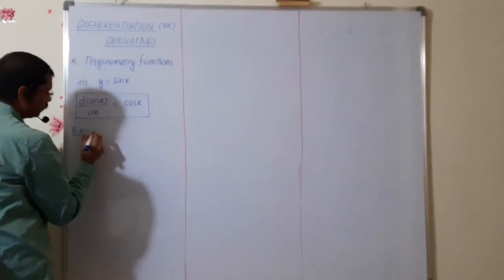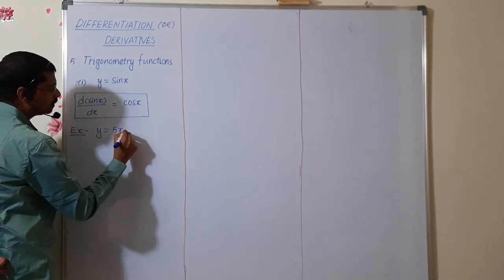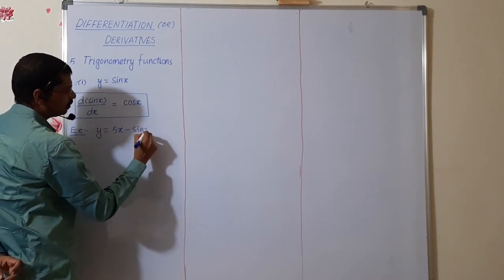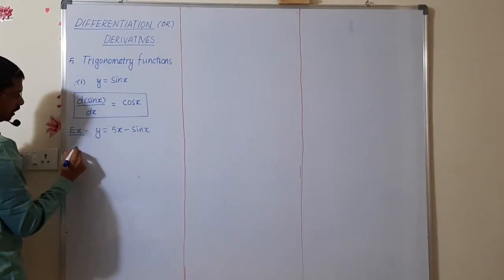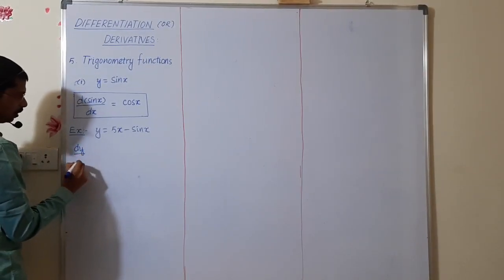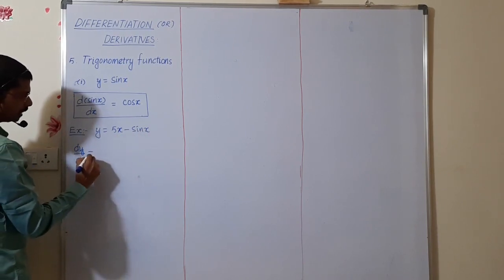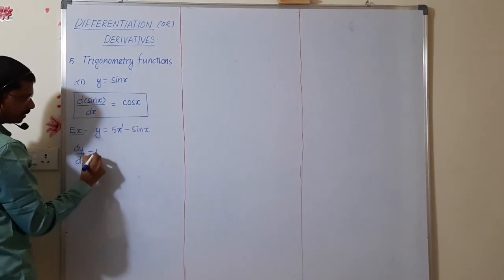In this, y equals 5x minus sin x. Now if you differentiate, dy upon dx is equal to differentiation of 5x, it is power 1, and 5 is a constant.